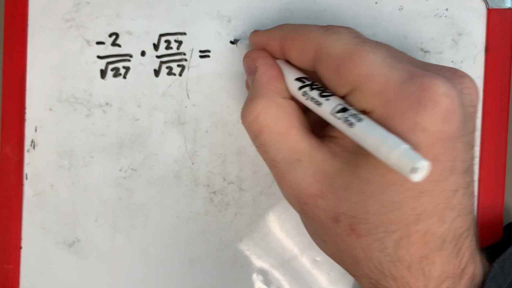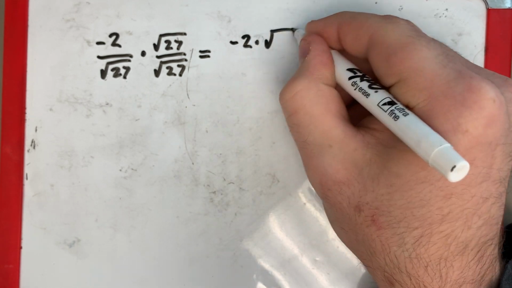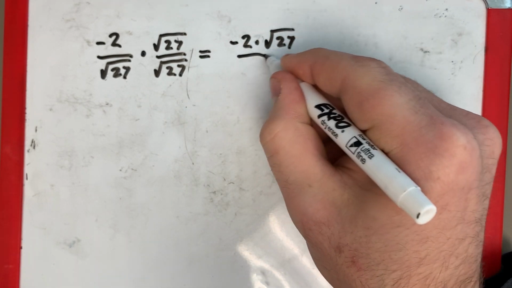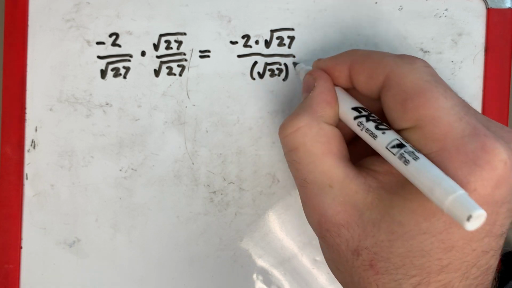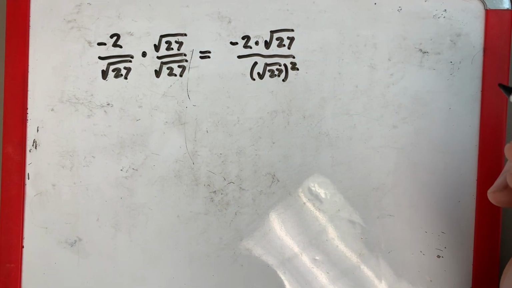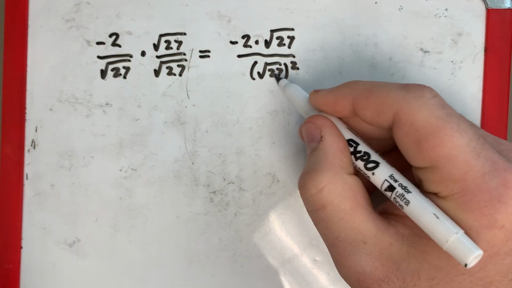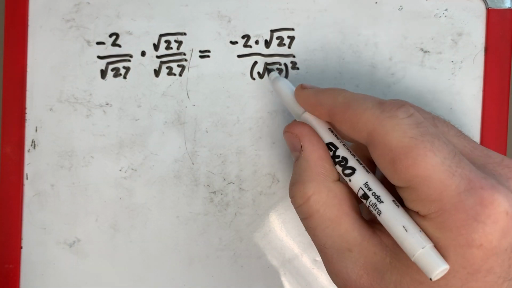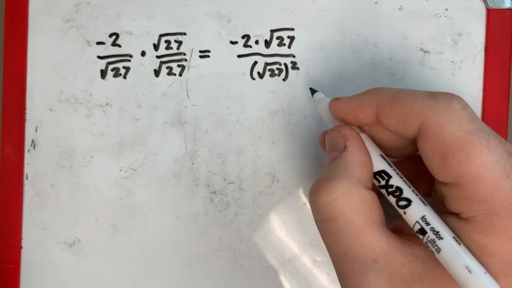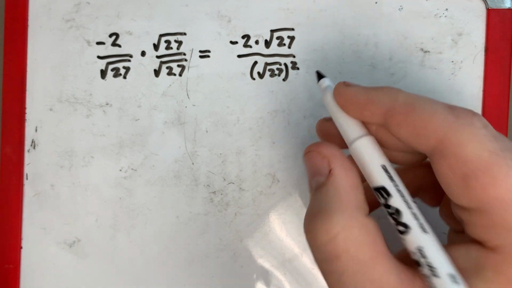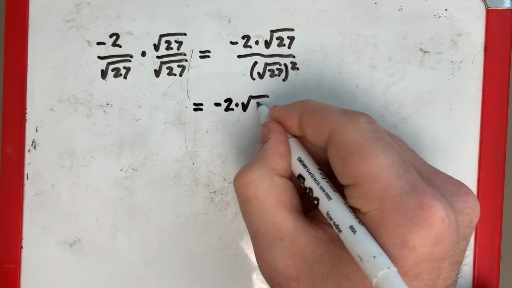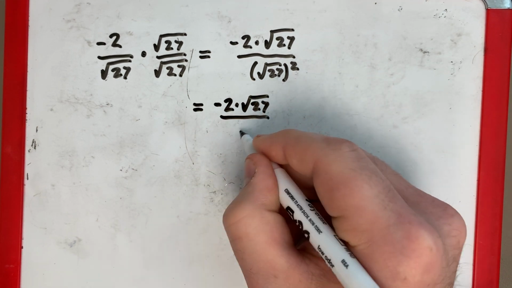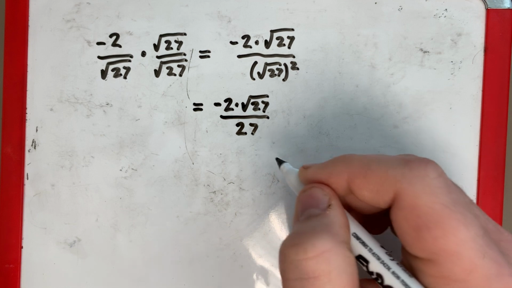So what this gives us is minus 2 times root 27 over root 27 squared. Okay? So since we have a number on the inside that's positive, and we have a square root and a square, the square root and the square cancel off. So this gives us minus 2 times root 27 over just 27.